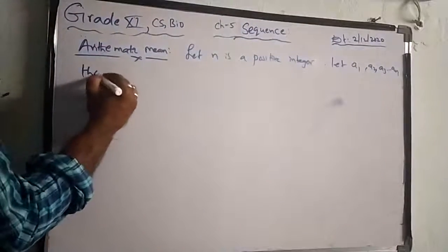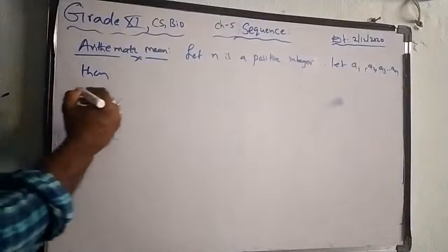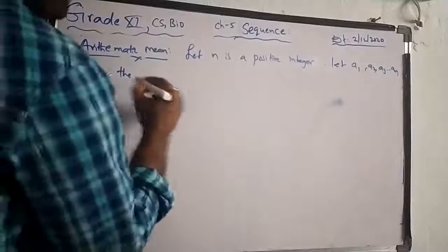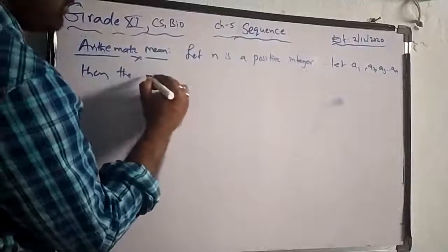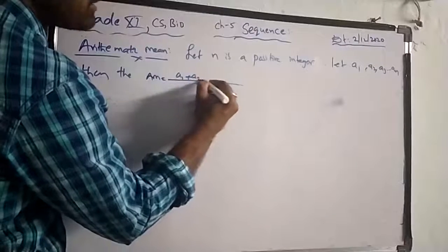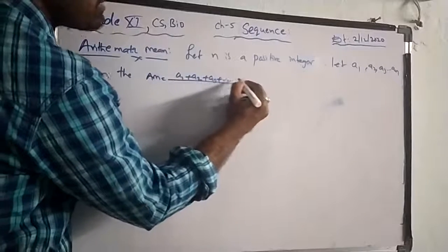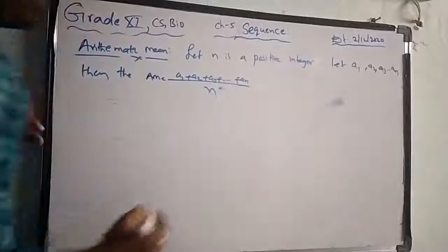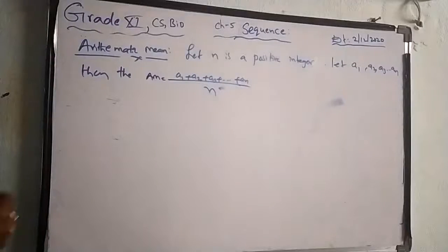Then the arithmetic mean is given as a1 plus a2 plus a3 plus and so on plus an, divided by n. This we are going to call the arithmetic mean.